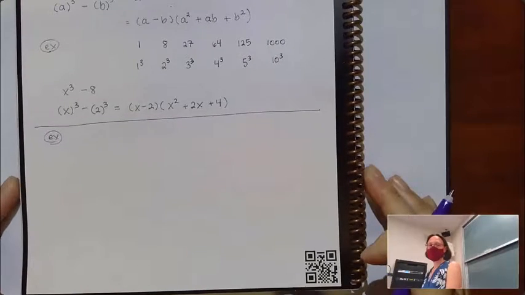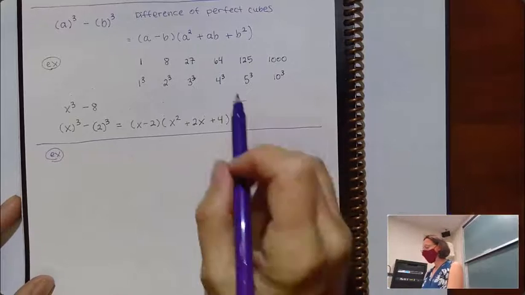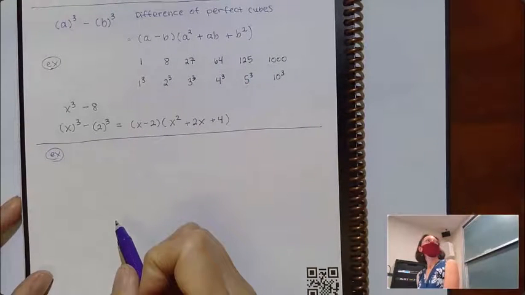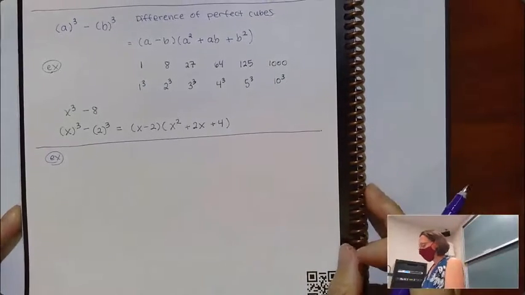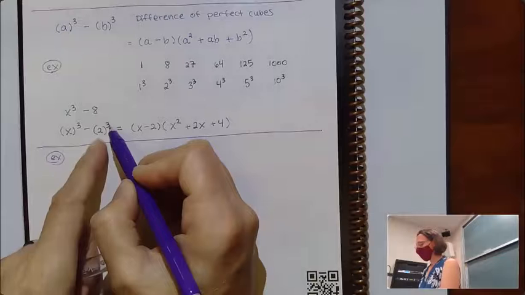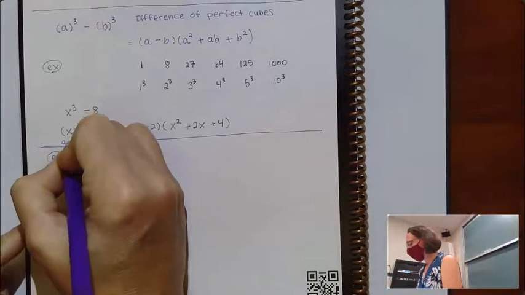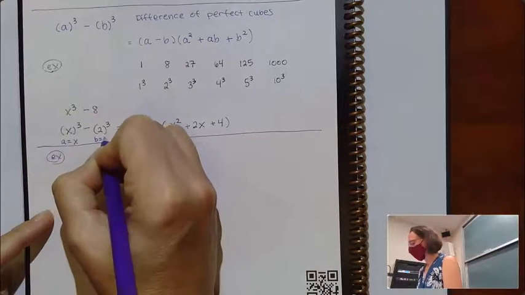Question. Oh, where the equation comes from? Well, it applies to the x cubed. Yeah, so I've got x cubed minus 2 cubed. So that means my x is my a, and the b is equal to 2.